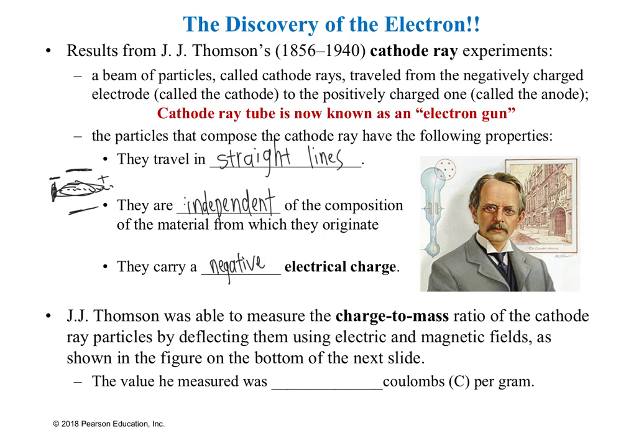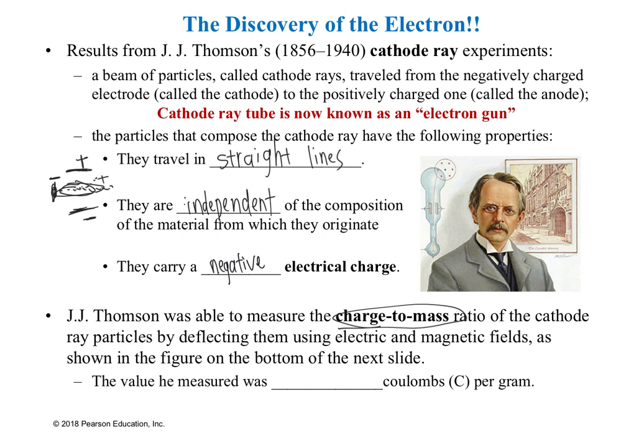J.J. Thomson was able to adjust the magnetic and electric field and see that if I put a positive field here and a negative field on the other side, this beam of particles, these cathode rays, would travel up and bend toward the positive side, showing that they are negative. With lots of experimentation and adjustment of the voltage and magnetic field, he was able to measure the charge to mass ratio of these particles.